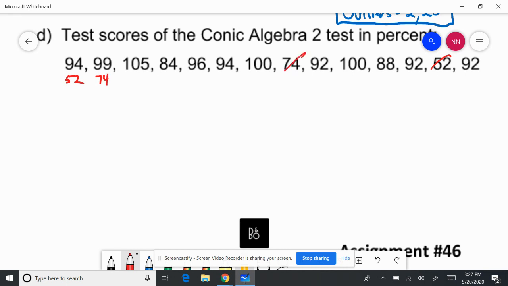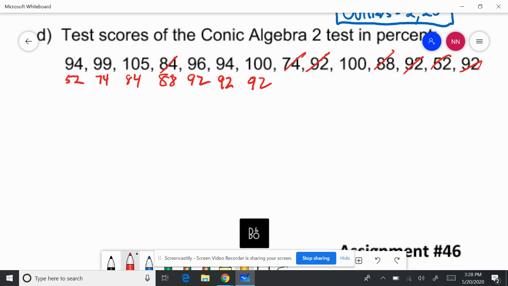We have 84. We have 88. 92 and 92 again. Oops, not 29, 92. Then we have 92 again.